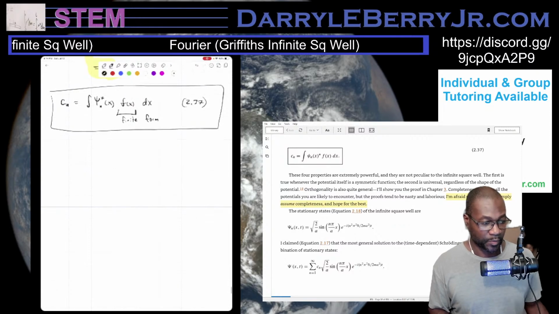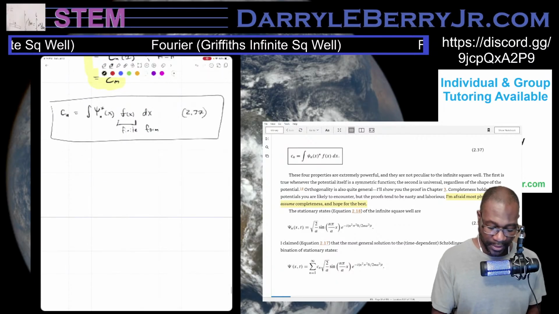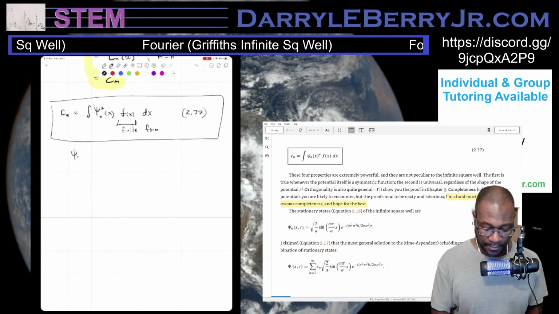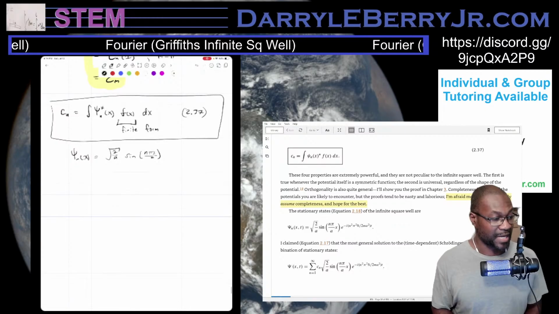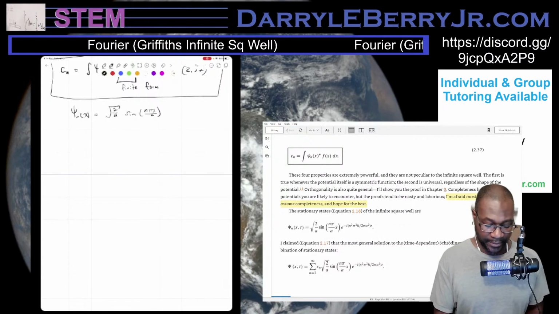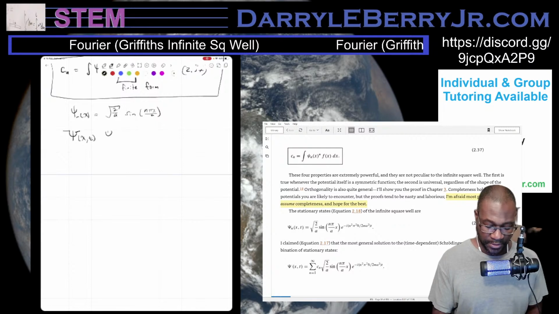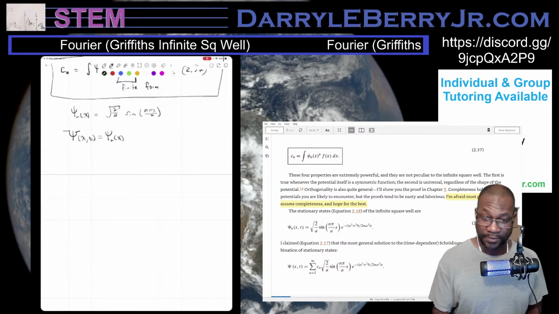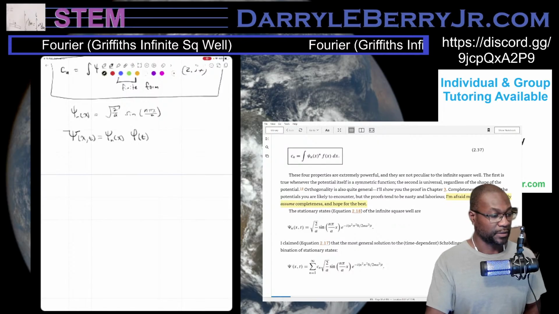In stationary states, equation 2.18 of the infinite square well, if we look at this, we check our psi. That's psi for the infinite square well. And all we have to do to make this the full time dependent psi is take psi of x and multiply it by the t component.